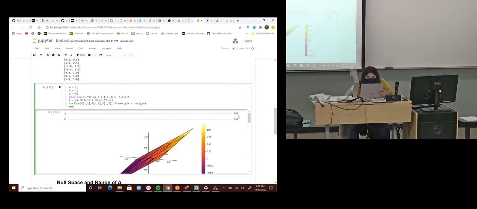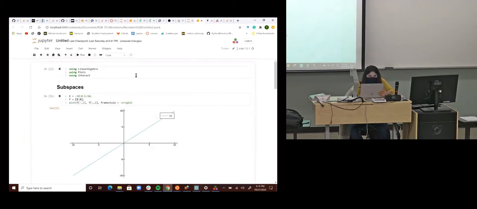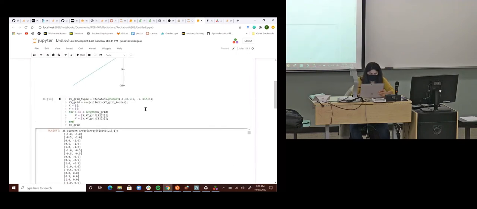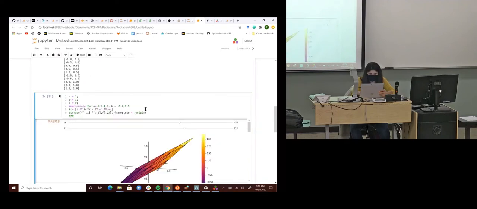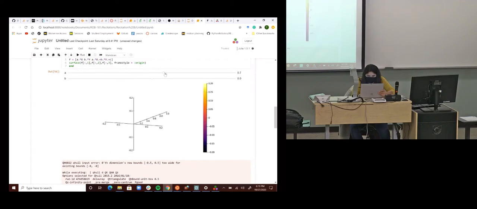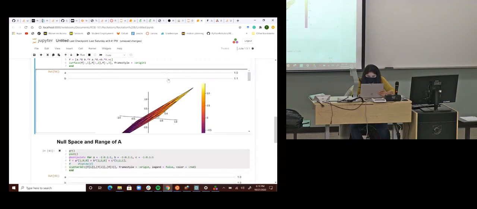So right now, this is for a equals 0.8 and b equals 0.4. I can change my a and see what happens. I think I'll have to run it again. Let's try to run it again. Yeah, that gives it for 0, 0, but that'll be fine.